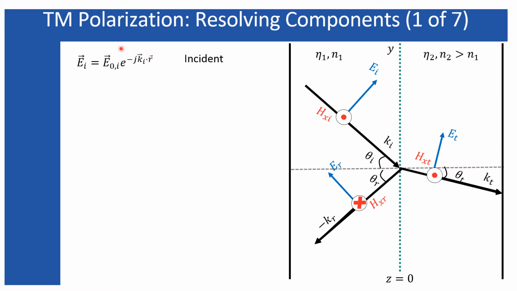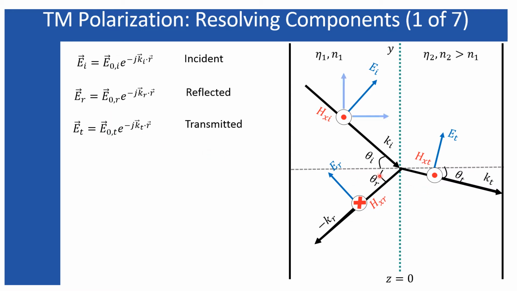First, the equation of the incident wave we can easily write from the equation of the electromagnetic wave. So E naught I represents the polarization of the incident wave, E naught R is the polarization of the reflected wave, and E naught T is the polarization of the transmitted wave. As I told, the electric field right now is not parallel to either the y direction or the z direction, since it is the TM polarization I'm considering.